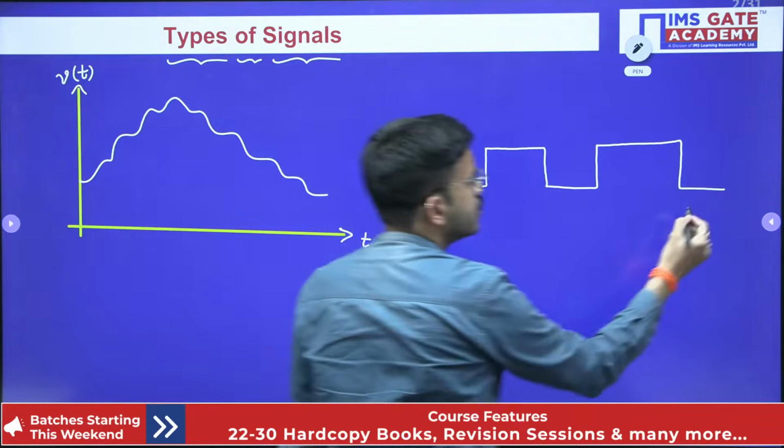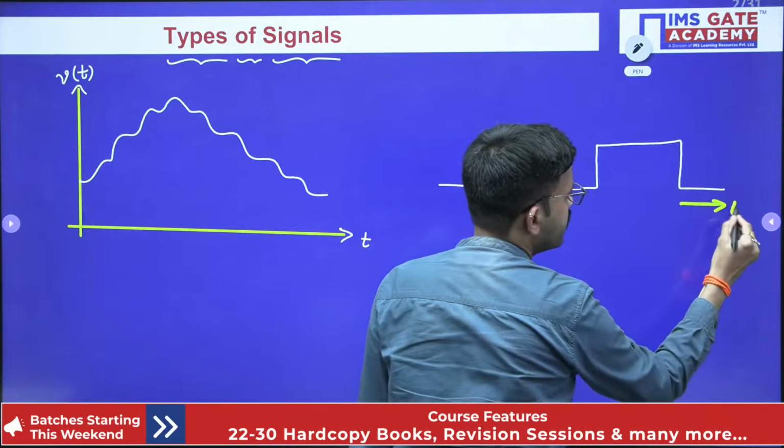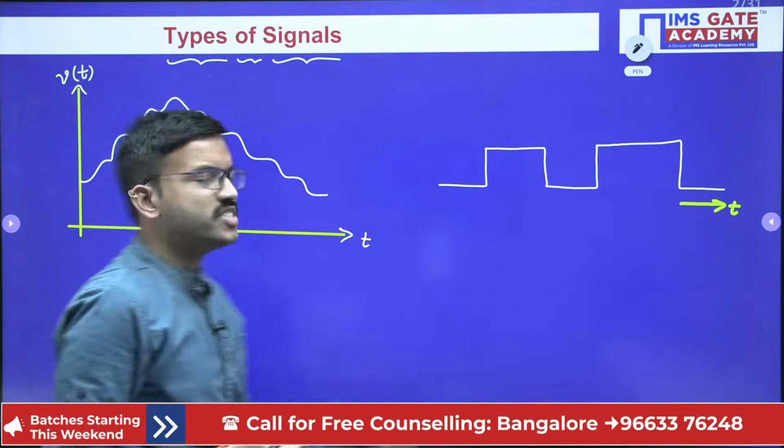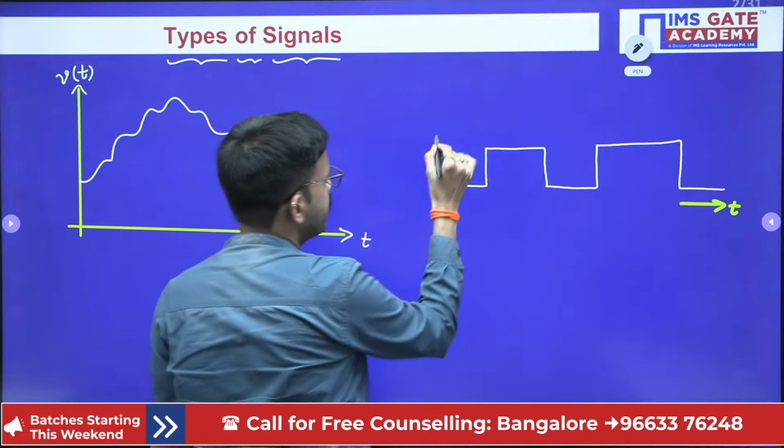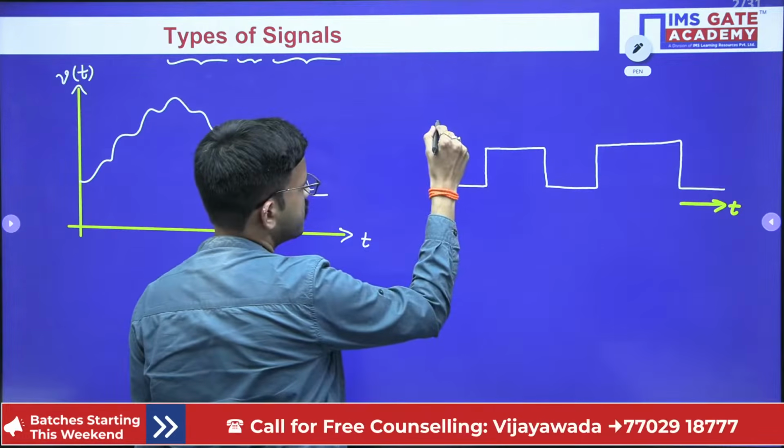In this signal, the x-axis is nothing but time, just like the previous one, and the y-axis is nothing but voltage, similar to the previous one.